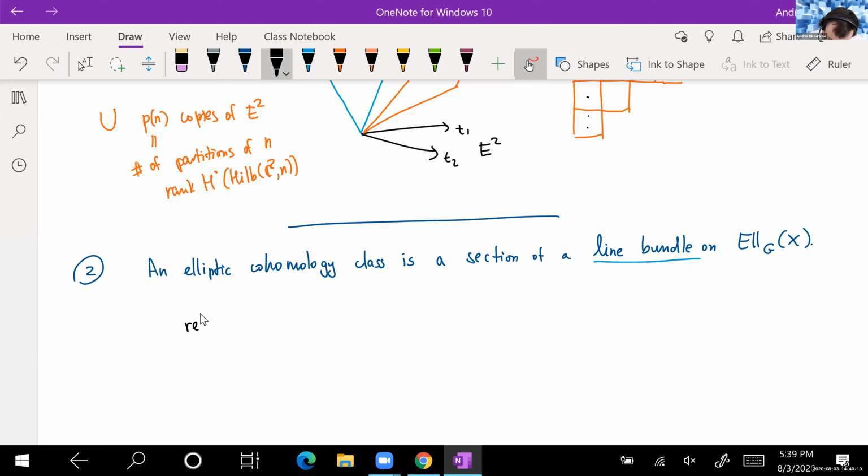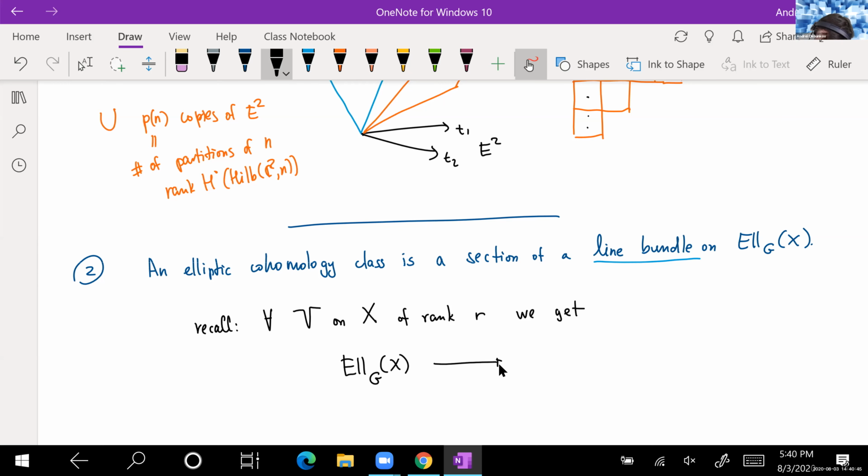So recall, for any vector bundle V on X of rank R, we get a map from elliptic cohomology of X to S^R of E. And then what we can do is pull line bundles back from there. And this has interesting line bundles.